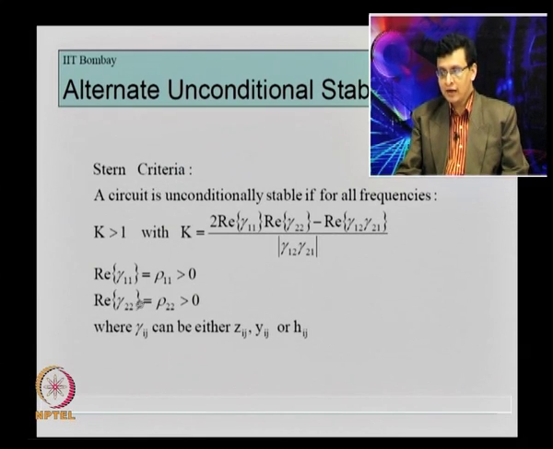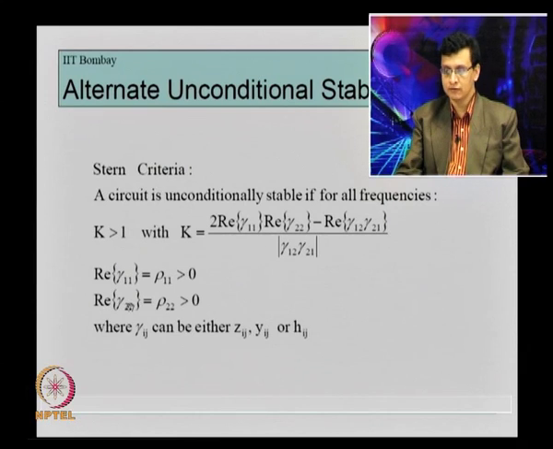Now of course we have to ensure that if gamma represents Z, then Z11 and Z22 have positive real parts. If you simply calculate the value of K and see that it is greater than 1, then we can say that the circuit is unconditionally stable.